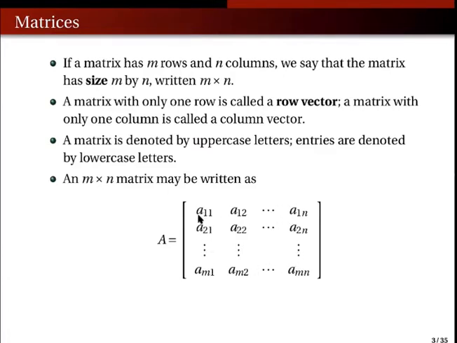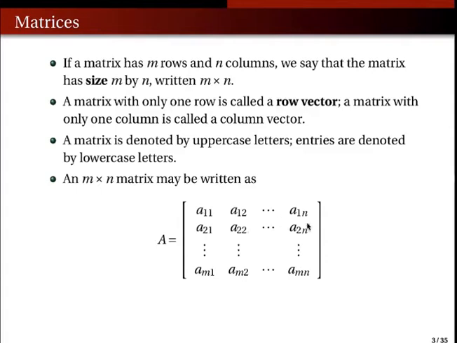And notice that we are using a single letter a but with 2 subscripts. Why are we using this? Because the subscripts tell us in which location the entry can be found. For example, here you have a11. The first subscript 1 tells you that it is in the first row, and the second subscript 1 tells you that it is in the first column.